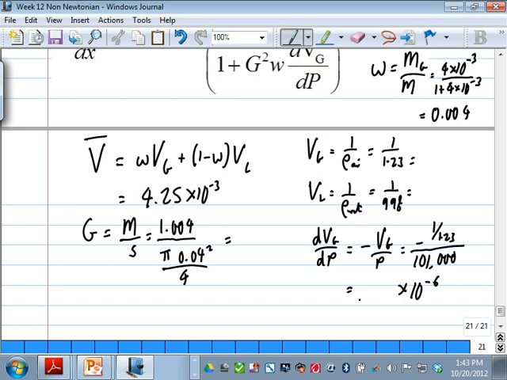Is it 8 point something here? 8.05. Okay, this one? 7.98, 7.99. Just put 799, 799 kilograms per meter squared second.